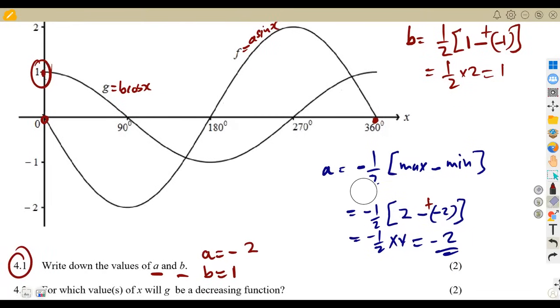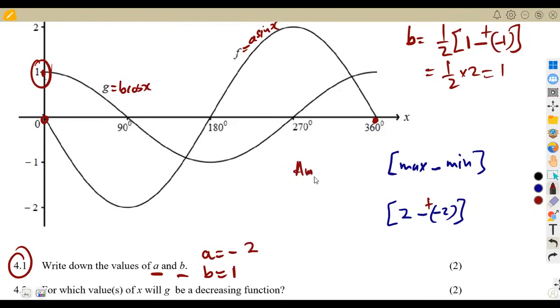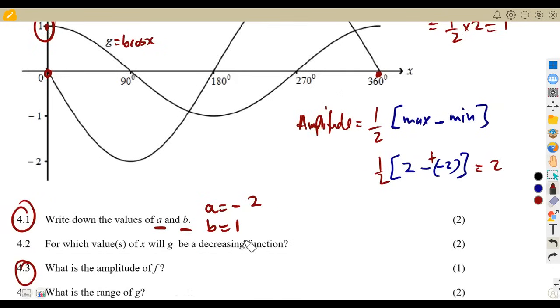So if it was a condition of the amplitude, you're just going to use this as a half, as it is. You're going to use this formula as a half, half of this value as it is. So meaning to say, we are going to have half of 4, which is going to be a 2. So here you are going to obtain your value as a 2 in that case.